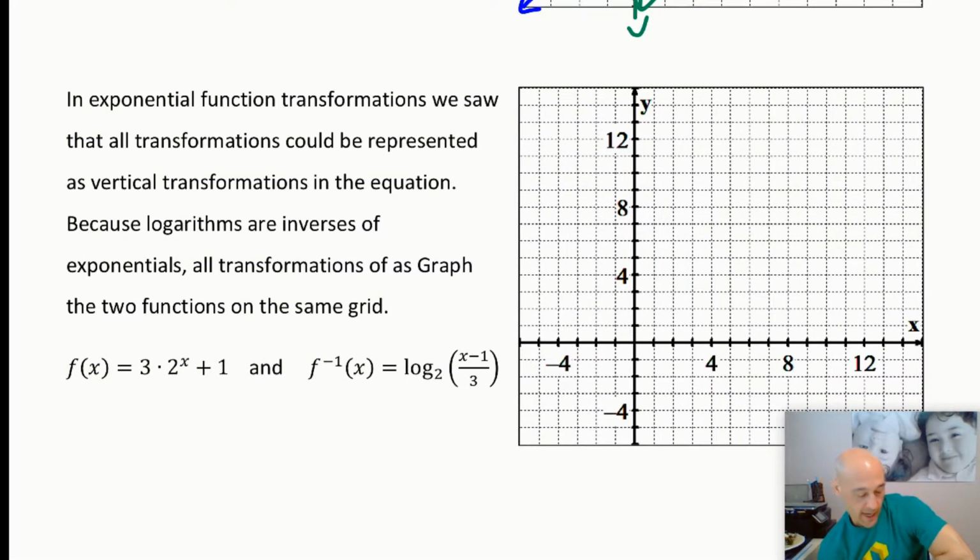The next one, we're looking at a little bit more complicated exponential function. And it says here, in exponential function transformations, we saw that all transformations could be represented as vertical transformations in the equation.